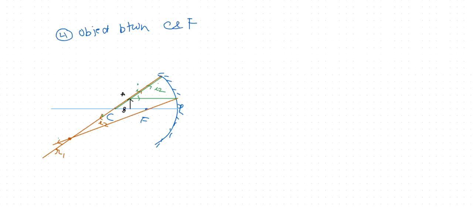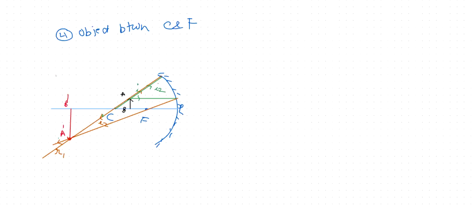Now, let's draw our image, the image formed. So, this is the image formed here. And let's give it a head. And so this becomes A dash and this becomes B dash. Now, what is it that we observe here?